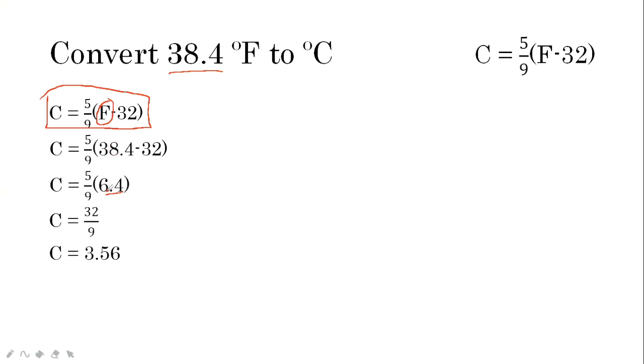That's why it became 6.4. Next is 6.4 times 5, that is 32 over 9. And then 32 over 9, that is 3.56 degrees Celsius. Okay? So, this is the final answer. Okay, pwede mo din naman i-check sa calculator.